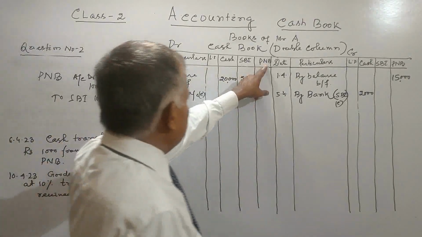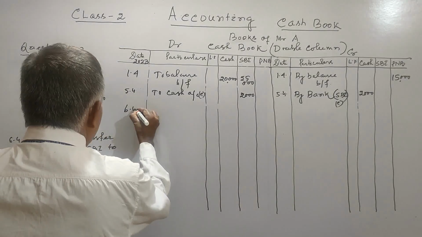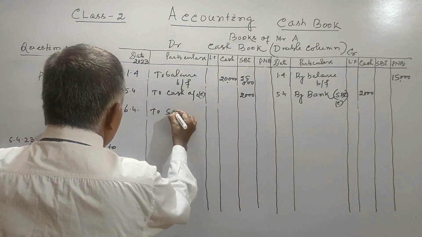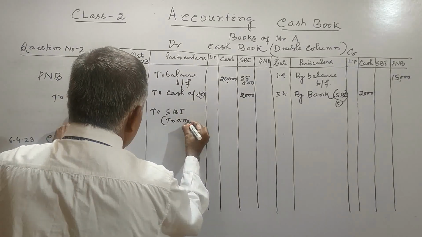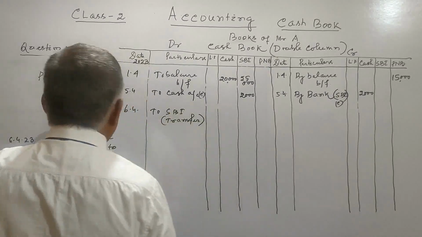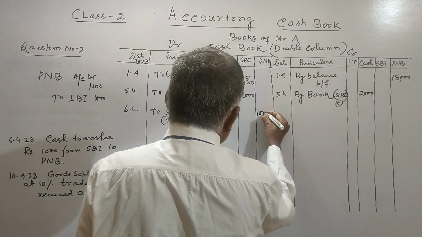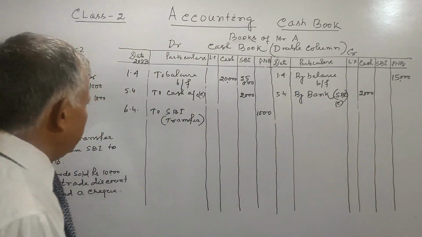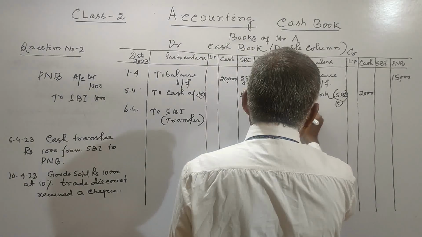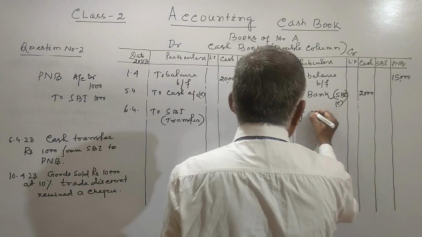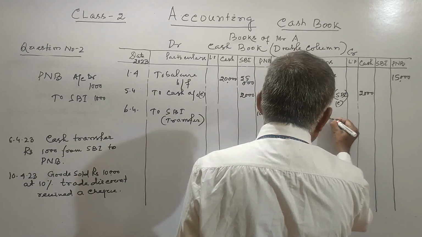That means your PNB account debit, write the other account, that is to SBI, transfer. So it is transfer, it will come as 1000 in the PNB, and here also it will come by PNB, transfer.